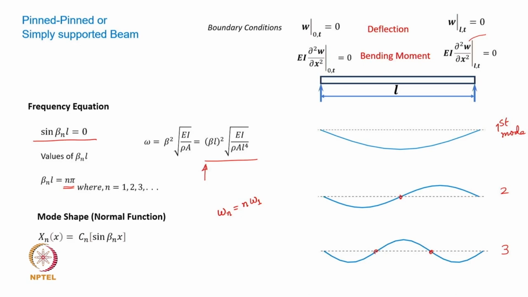Of course, we have made assumptions in the beam derivation of the vibration frequency, that we considered simple Euler-Bernoulli beam theory, and therefore we could write M equal to EI times the second partial derivative of w with respect to x. But if the beam is stubbier, so that the length to diameter ratio is smaller, then these assumptions may not be valid, or they may give slightly erroneous results.